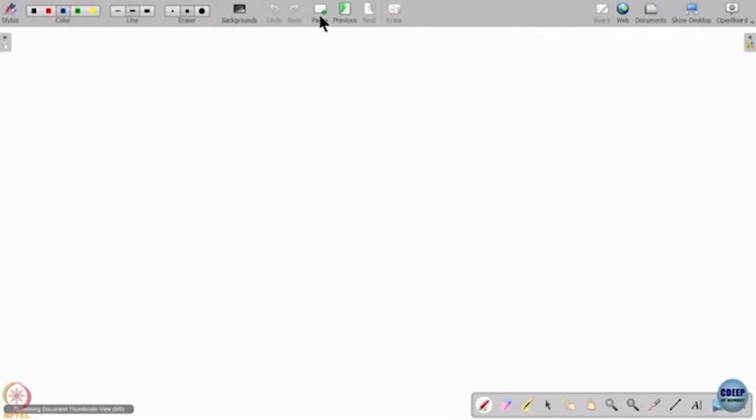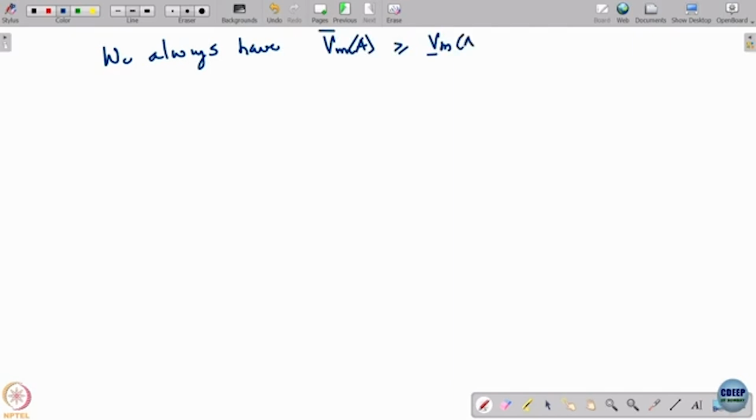We always have VM upper bar greater than or equal to VM lower bar. This can be shown with just the same logic that we had earlier. Okay.